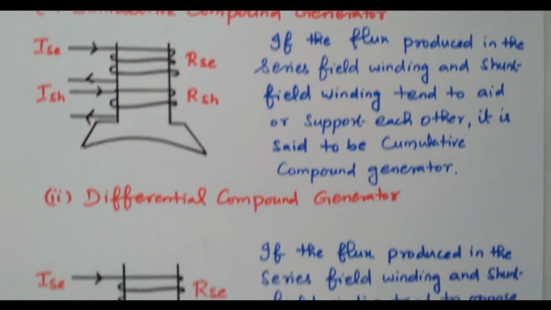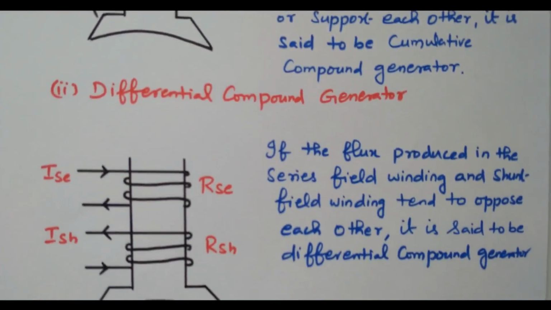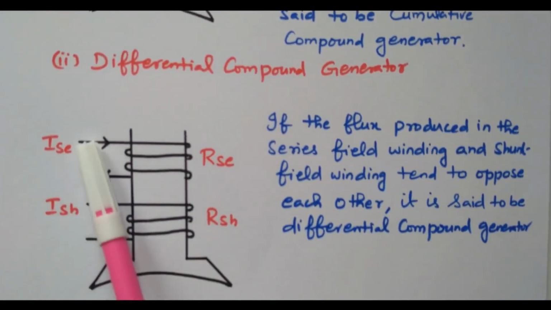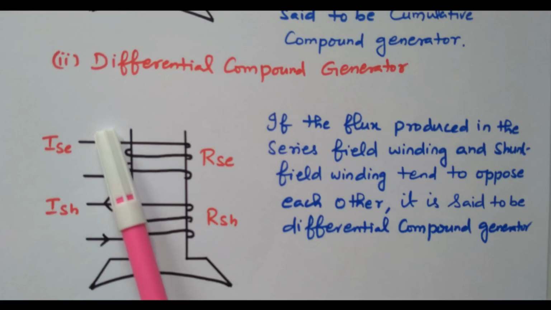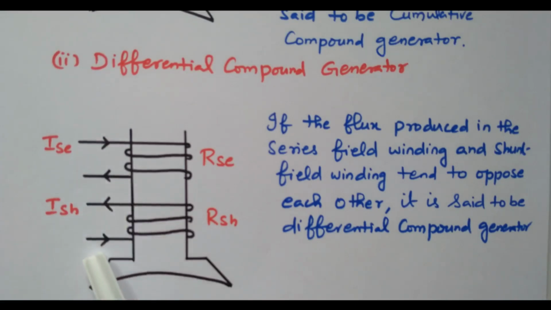In the case of differential compound, see the current direction. Current enters the top coil, but here current enters the bottom coil. So both current directions are opposite to each other. For example, if an N pole is created here, an S pole will be created here. So both will oppose each other. That is called a differential compound generator.